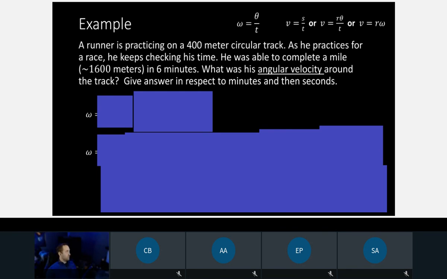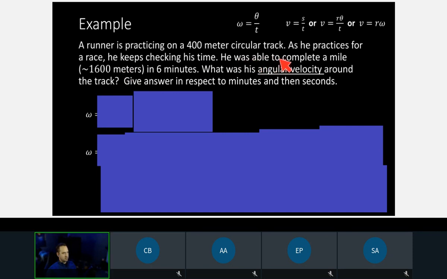Let's take a look at this problem and figure out what theta is. It says again, a runner is running around a 400-meter circular track. As he practices for a race, he keeps checking his time. He was able to complete a mile in 6 minutes. So 1,600 meters.